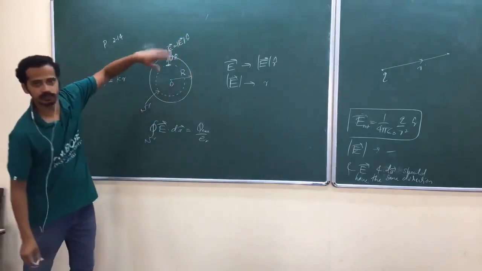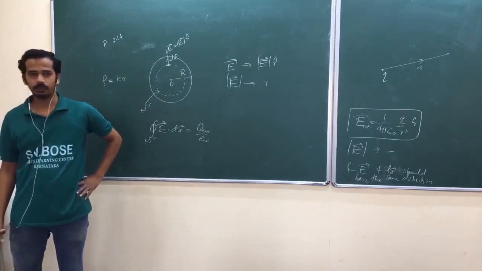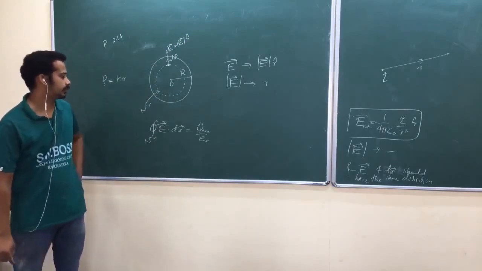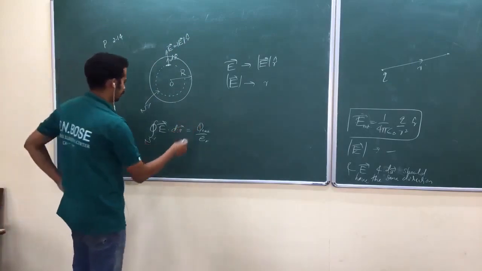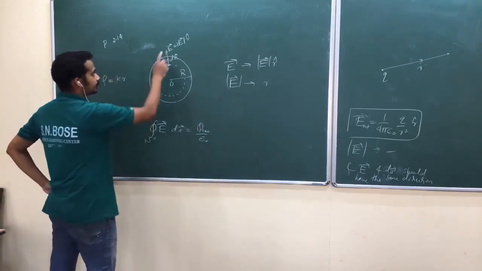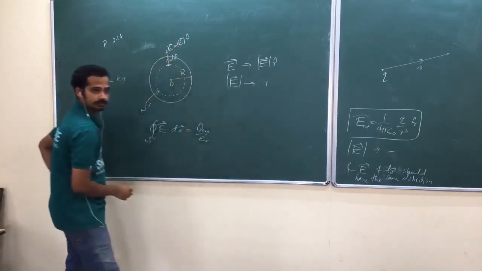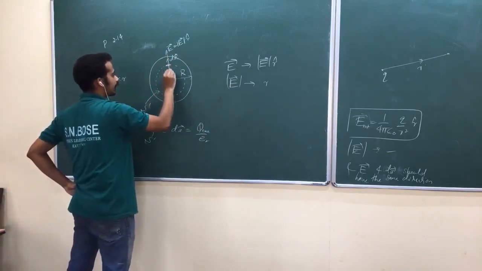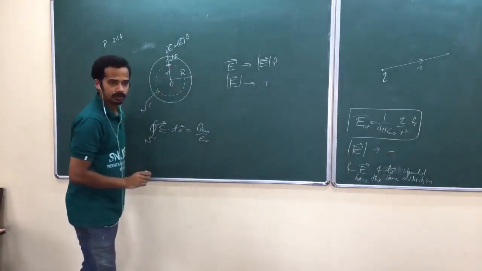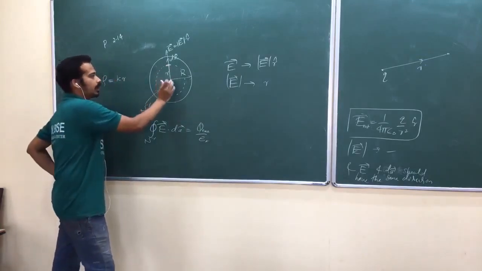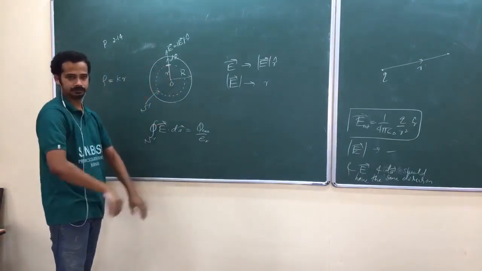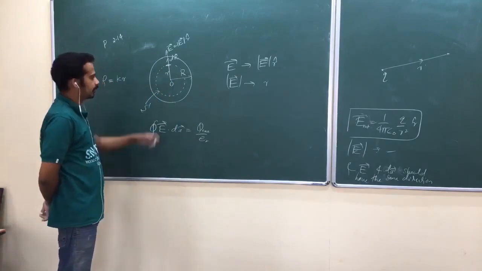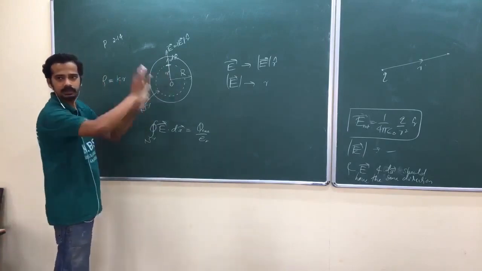Over that Gaussian surface, your electric field and your area vector are along the same direction. So again, the magnitude of the electric field depends only on R. This is the Gaussian surface of radius R, because you need the electric field at a distance R from the origin inside the sphere.